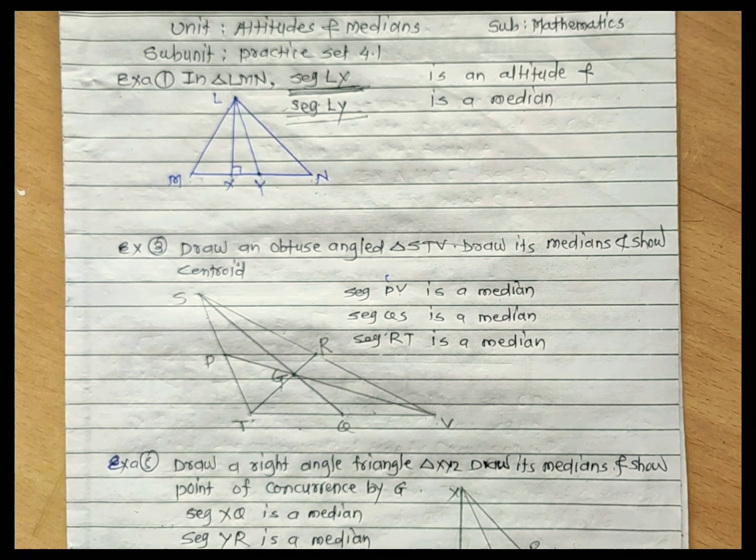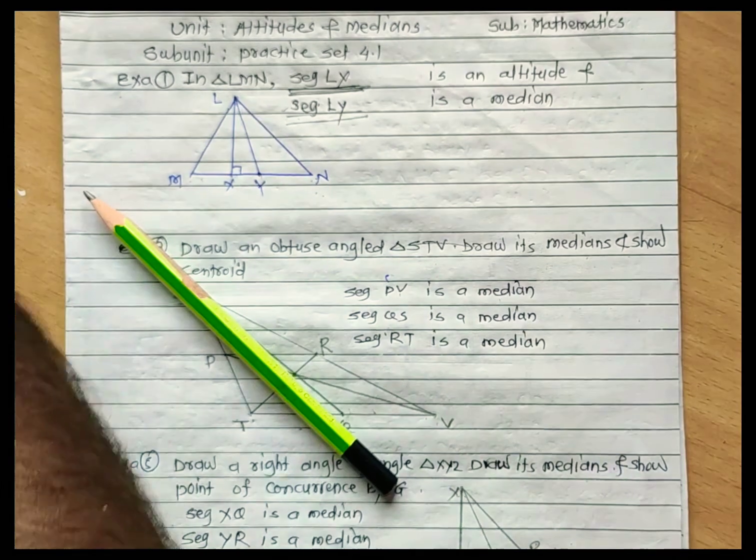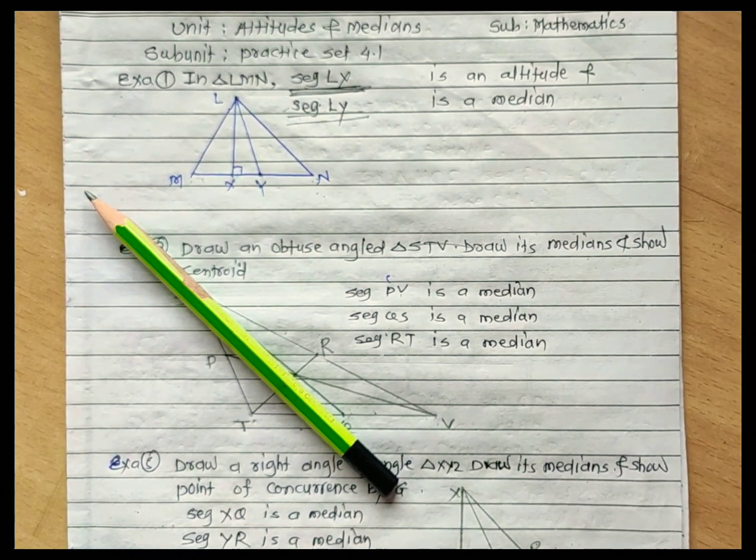The centroid divides the segment in the ratio 2:1, so GC is double of 2.5, which means 5 units. So 5 is the answer here.